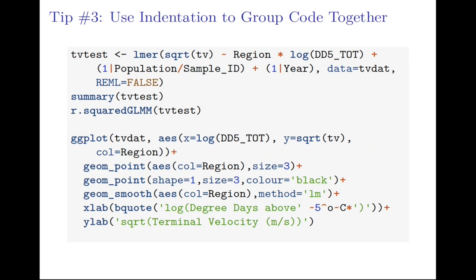And then number 3, you want to use indentation to group code together. So you want to group your like code together. So you can see in the first line, the analysis is now running onto 3 lines, and then the next 2 lines for the analysis give you something else to help you summarize your analyses or give you your marginal and conditional variance.